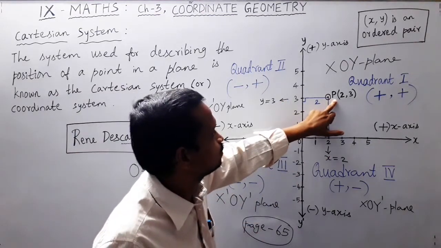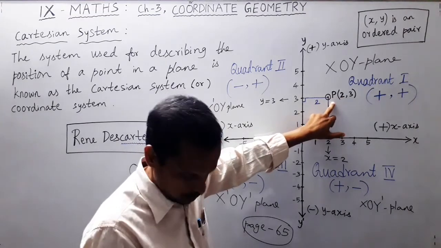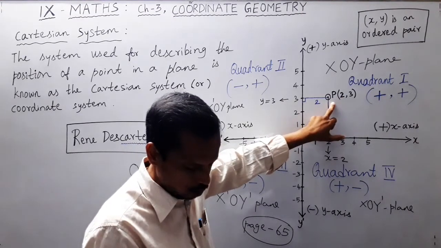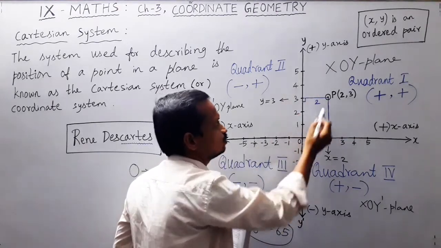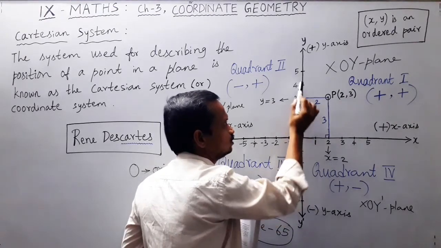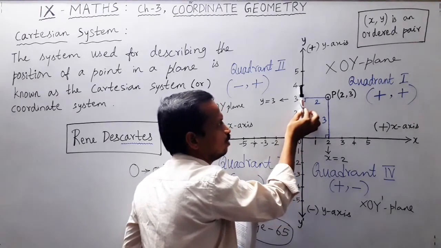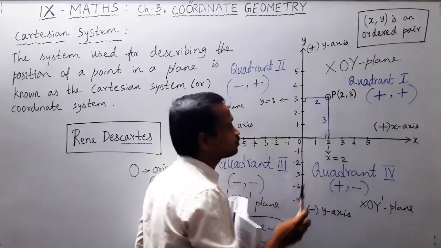So this is the point (2, 3). This point I named as P. The distance of the point from the y-axis. This is the y-axis and this is the point, so this is the distance.